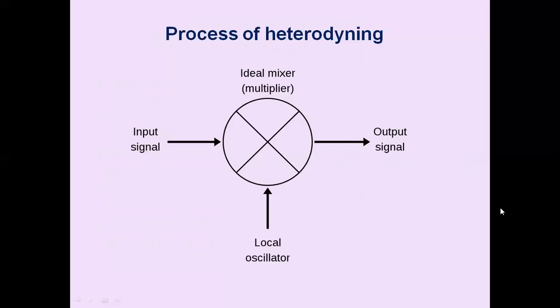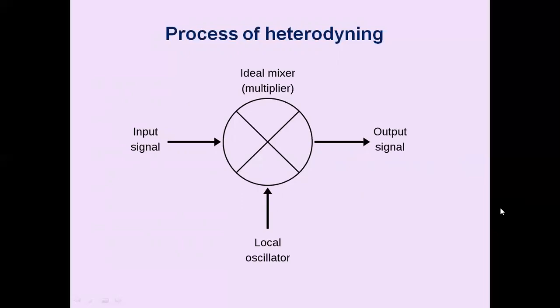The super heterodyne receiver system is more complicated than TRF. The ability to operate satisfactorily on any frequency with a constant value of selectivity and good sensitivity makes it highly desirable. So heterodyne means mixing.